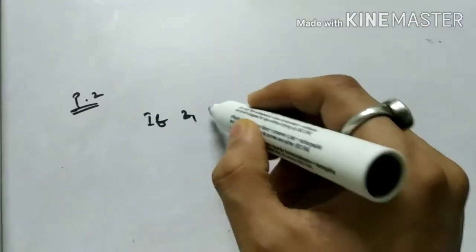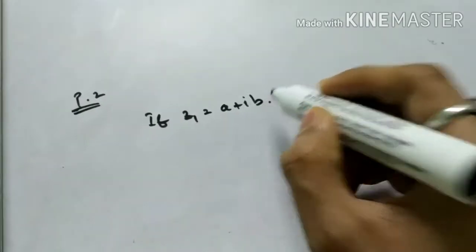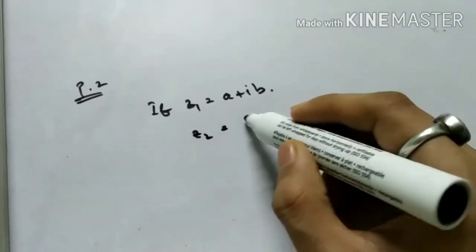is that if let's say there is one complex number z1 which is a plus ib and there is another complex number z2 which is c plus id.